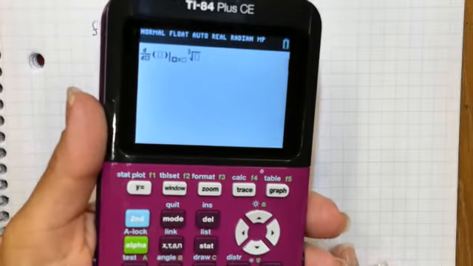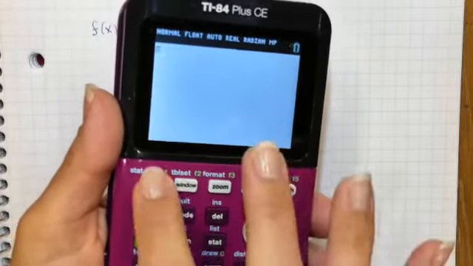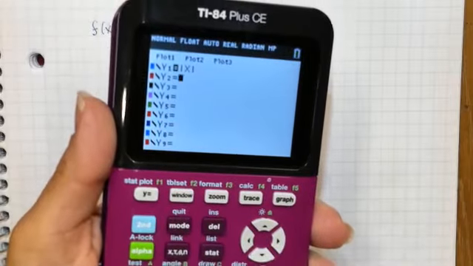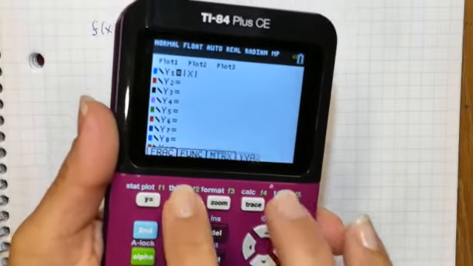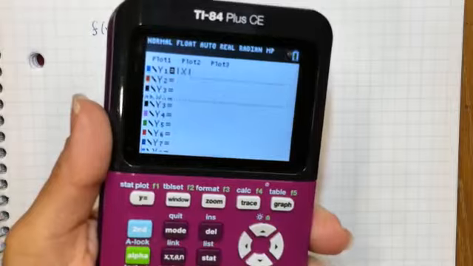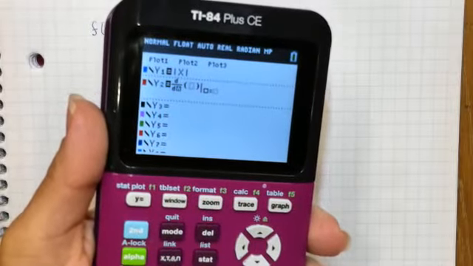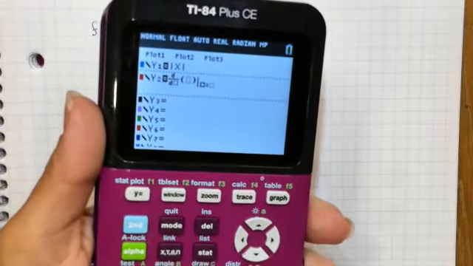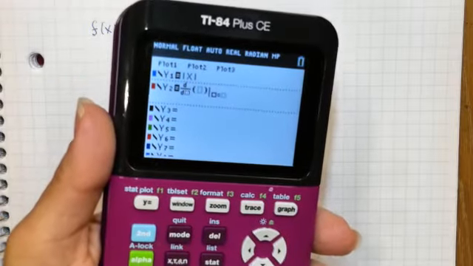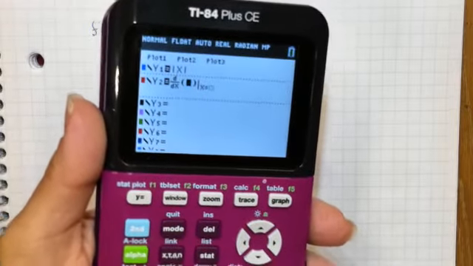Let's put that in our y equals because we want to graph it. Alpha, window, number 3. And it says d over d, and it's flashing. You should put x there for your variable.